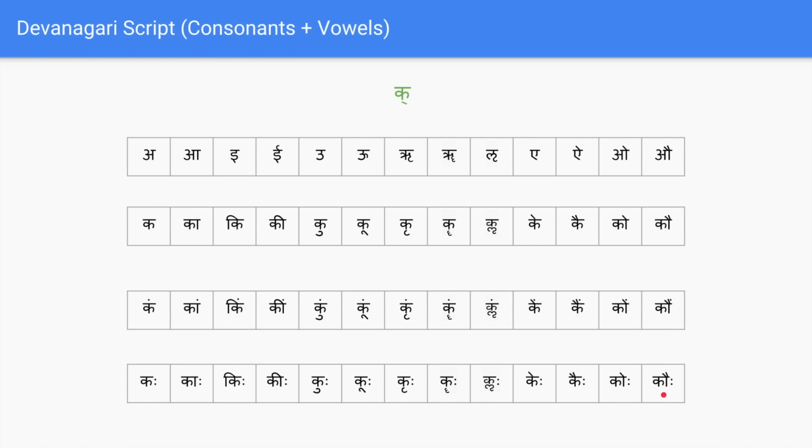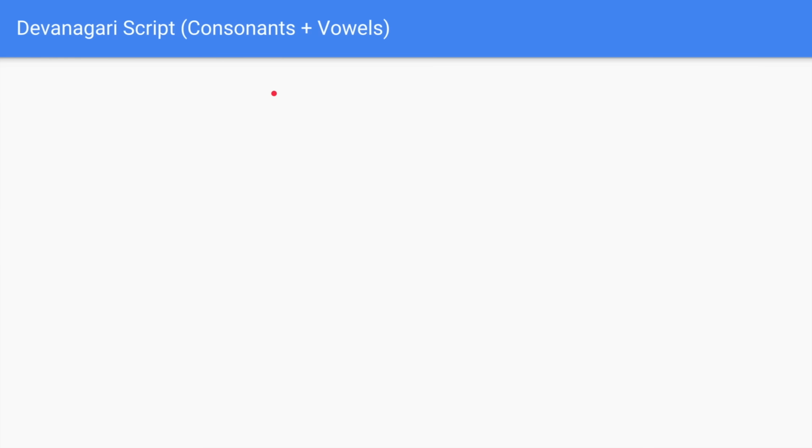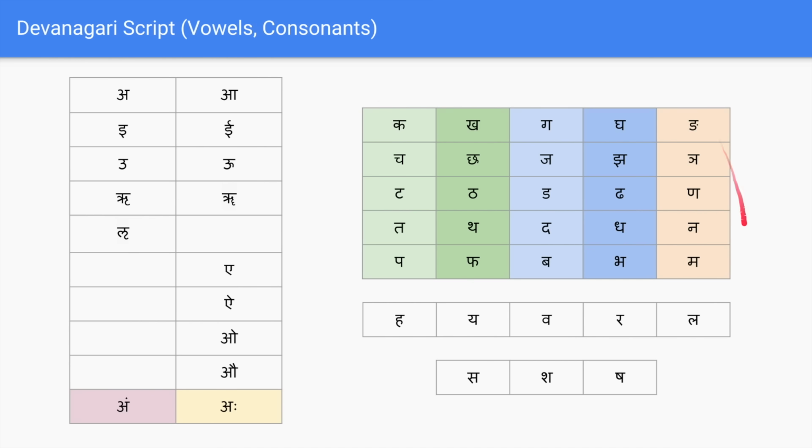So it repeats the previous vowel, and it is signified with two dots next to the letter, and we call it visarga. So if you take a consonant k, it has these three different sets of forms. Similarly for all the consonants we have learned, we can form those sets of letters, and the pronunciation varies accordingly.